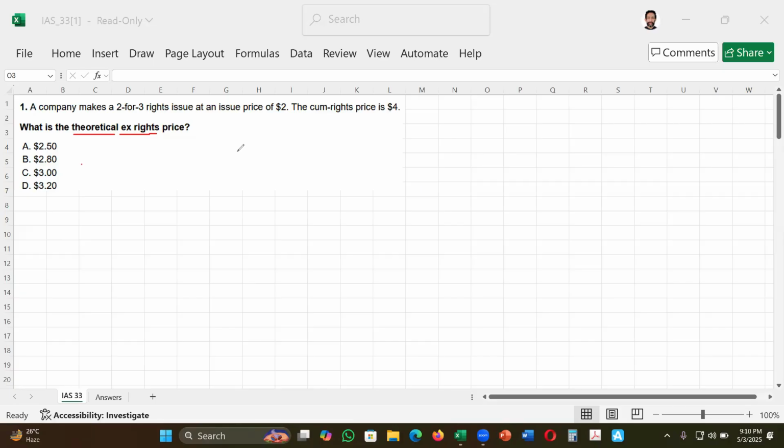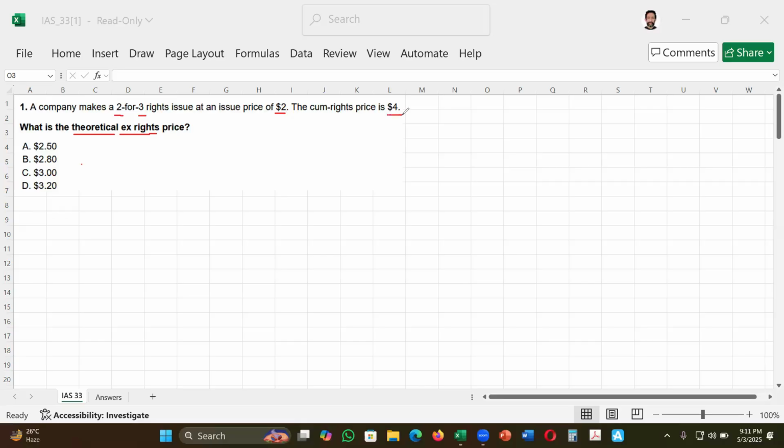Okay, so they have given us the price for which the rights would be made. A company makes a 2 for 3 issue, so they're going to give 2 shares for every 3 held, at a price of $2. However, the prevailing price is $4.